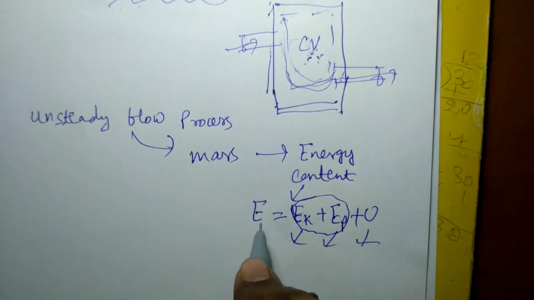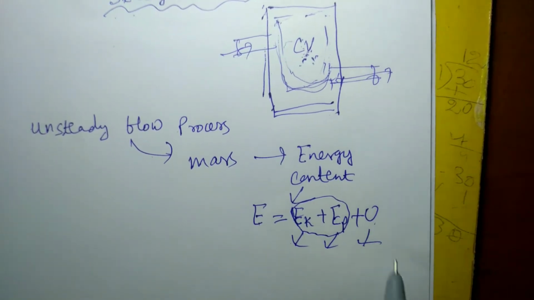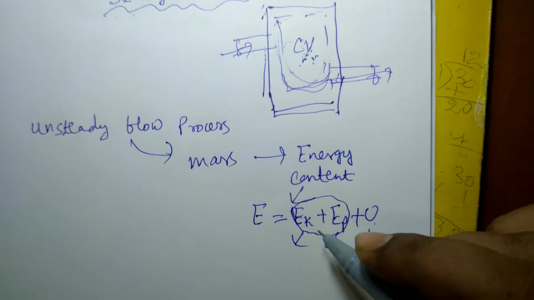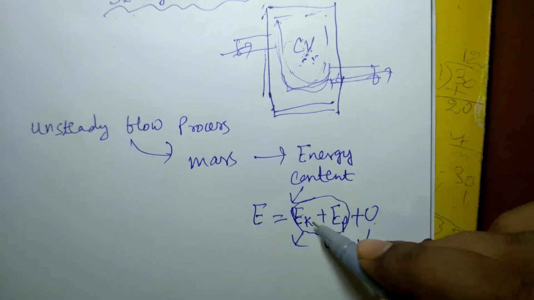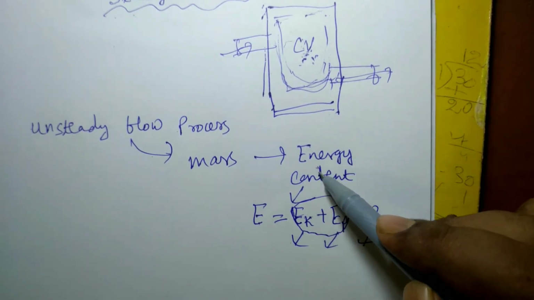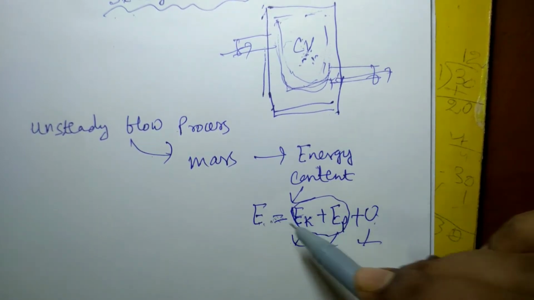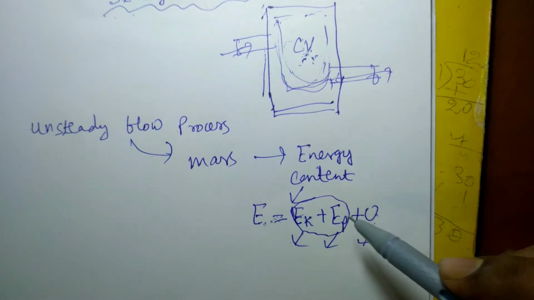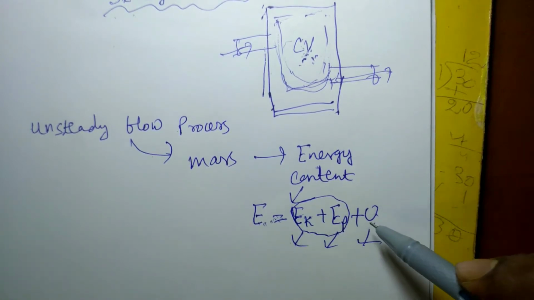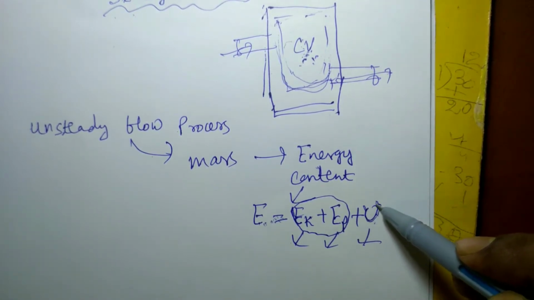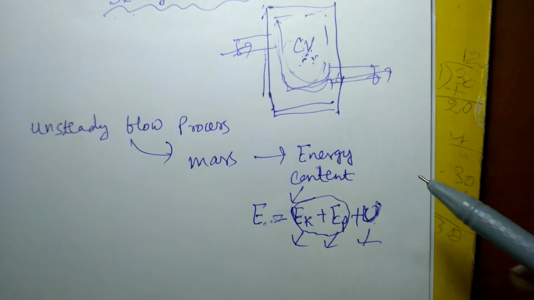So that's why E is equal to U. Whenever a system is stationary, there is neither potential energy change nor kinetic energy change. So that's why energy content of a control volume can be approximated to U. Most of the times E can be considered equal to U, molecular internal energy.